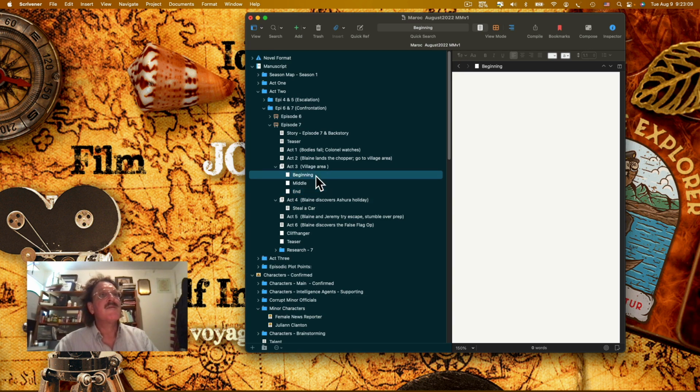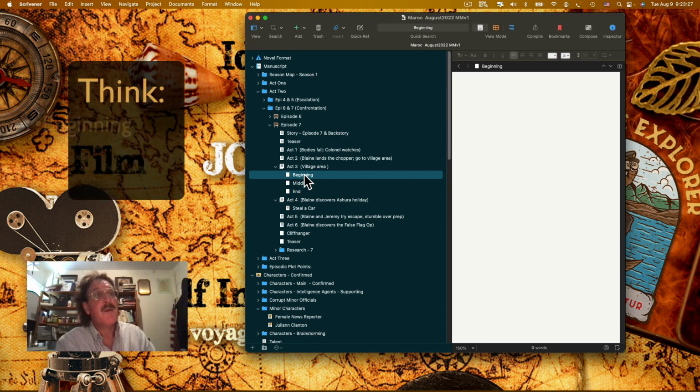So I'm going into this village, and I put in, right here in Scrivener, a beginning, a middle, and an end, just for this one particular act. Instead of having one blank page, I have 3 blank pages, but I've formed it in a way to think beginning, middle, and end.